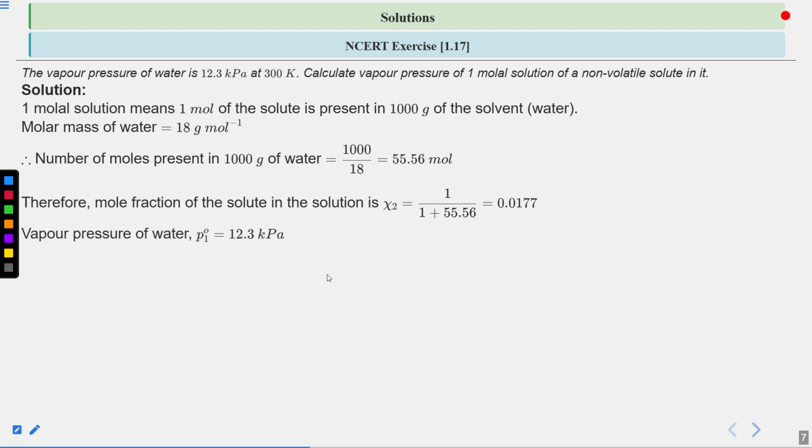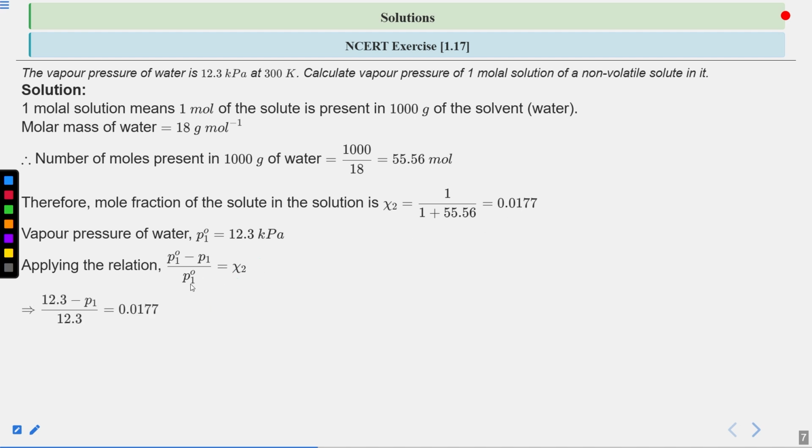Now coming to the given data of water, the vapor pressure is 12.3 kilopascal. So it is for pure water. We know this relation: (P1⁰ minus P1) by P1⁰ is equal to chi 2. So this is the relative lowering of vapor pressure.